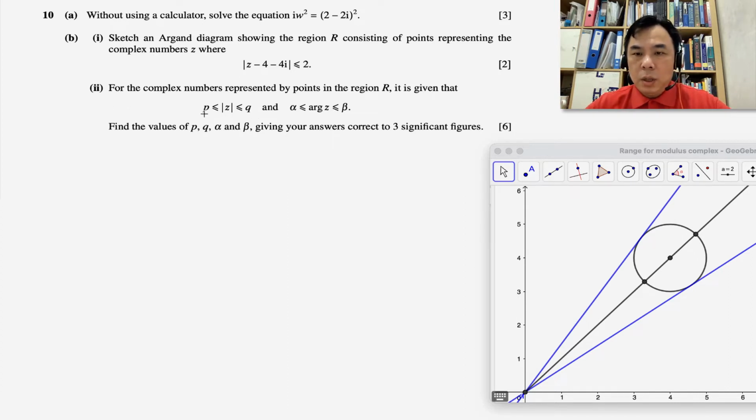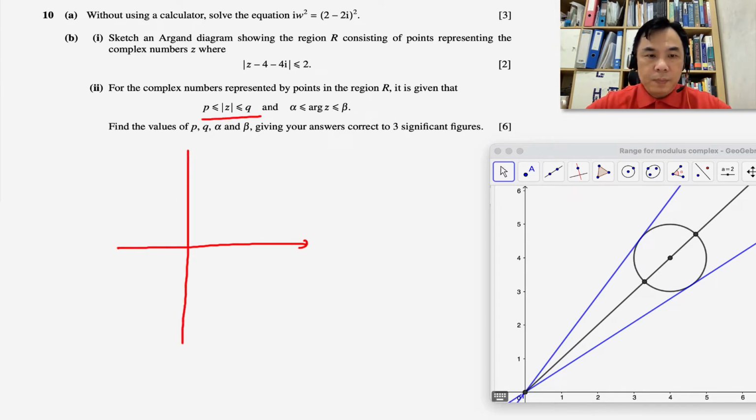So how does it look over here then? Okay, it simply means the shortest and the longest distance from the origin. Because we are looking at generally something like this. I'm going to show you what this actually means visually. So we have our circle here centered at 4, 4. Now for the complex number z, we know that it is represented in general as a plus ib here.